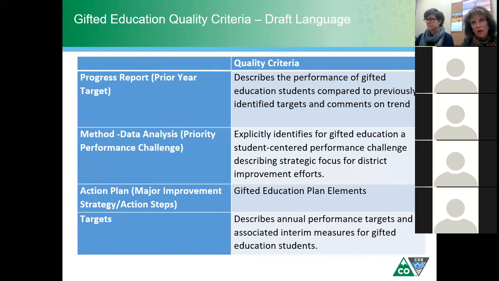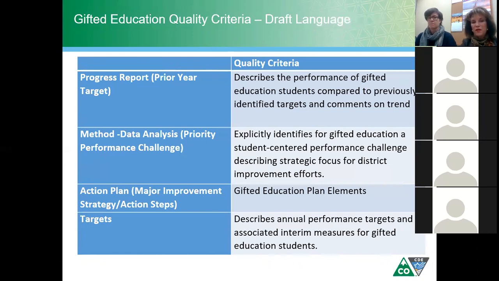No more though, on our former template, people charted out every single little step they did in data analysis and things of that nature. You don't need to do that anymore. You would make comment about this just like you do making comments about your students in general on your district UIP, okay? But you will identify your performance challenge.